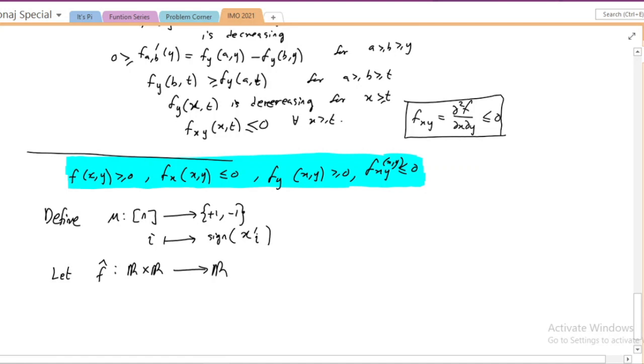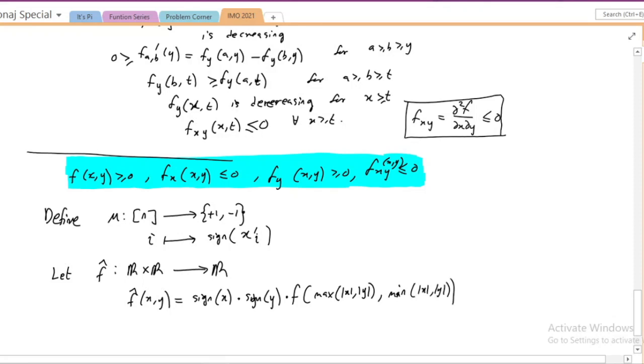It's going to be defined by f cap of x, y to be sine of x times sine of y times f of the maximum of these two, then the minimum, because we need the first one to be bigger, of these two.